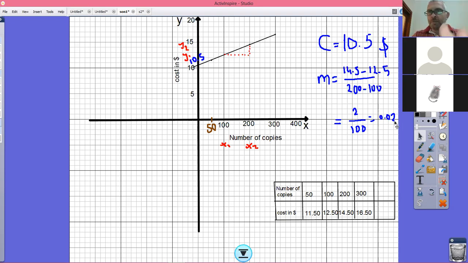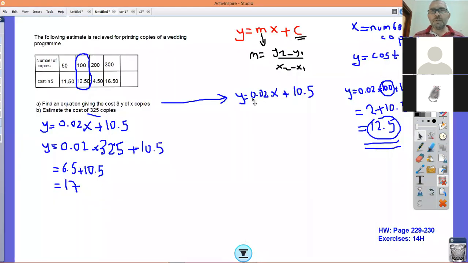Then what I found, I brought back and put here: 0.02 multiplied by x plus 10.5. After that, I check here. Let's write check. I checked whether the equation I found is true or not. Yes, it's true.